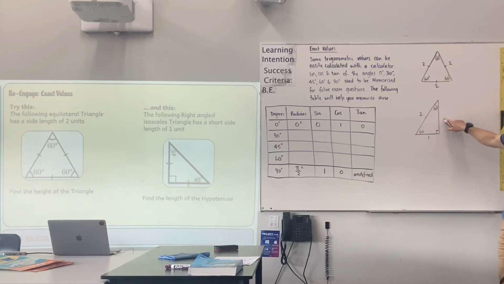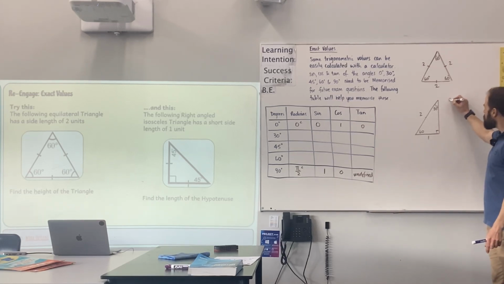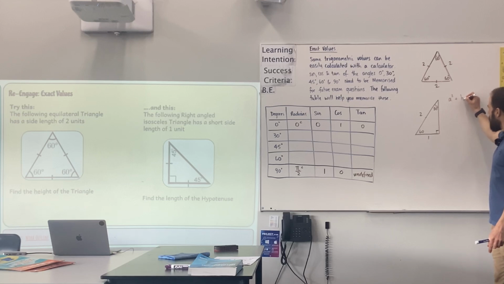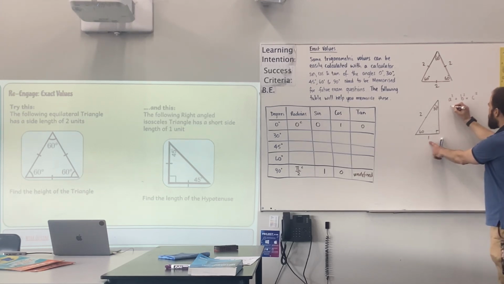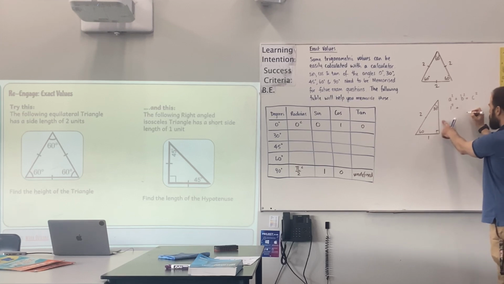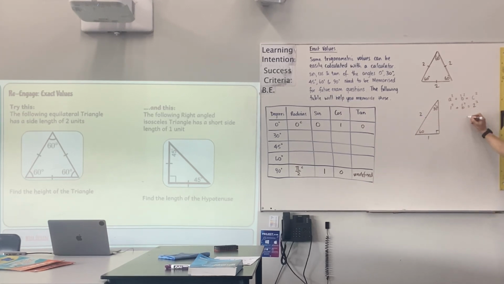We're going to add one more number over here using Pythagoras' rule, which says that a squared plus b squared equals c squared. Let's call this side b. We don't know what that side is. This side's 2. Using Pythagoras' rule, b squared equals 2 squared minus 1 squared. B squared equals 3. B equals plus or minus the square root of 3.